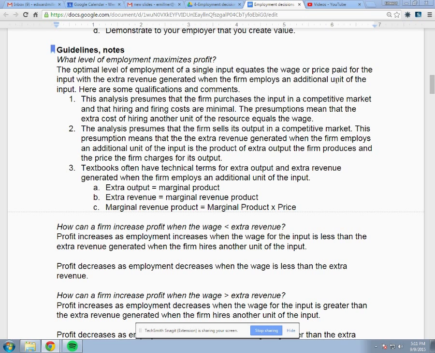In another video, we'll walk through an example showing exactly how this works. Profit decreases as employment decreases when the wage is less than the extra revenue. Now, how can a firm increase profit when the wage is greater than extra revenue?